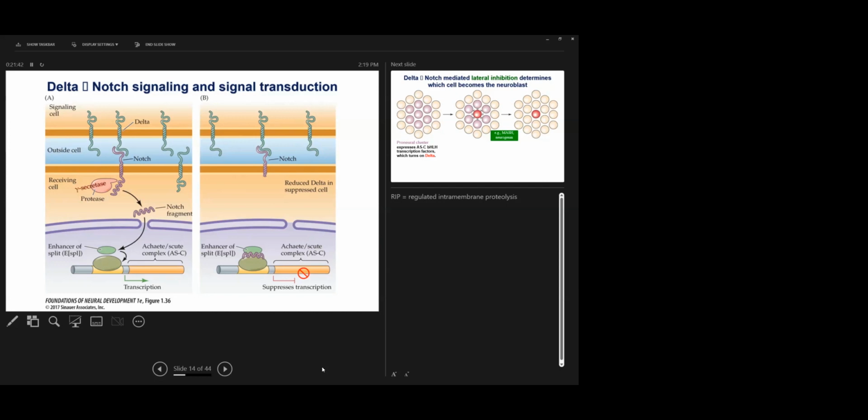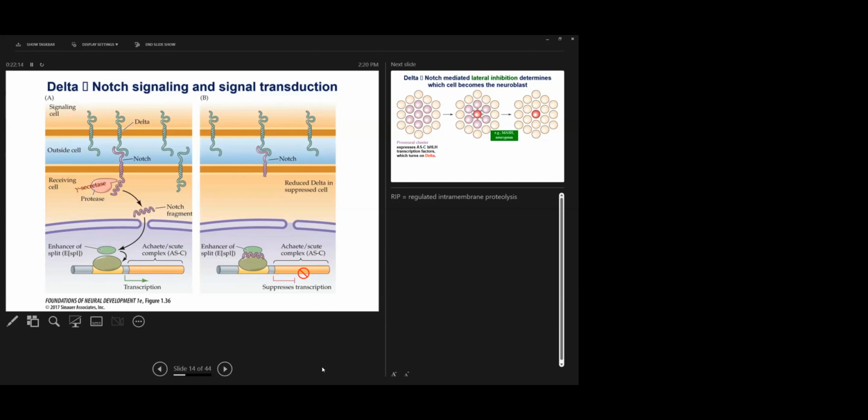This is the outside of the cells. The Delta ligand binds to the Notch receptor and activates it. Then gamma secretase, which has proteolytic activity, cleaves the intracellular Notch domain, which is released after cleavage and translocates into the nucleus.